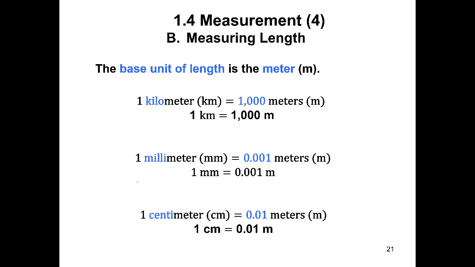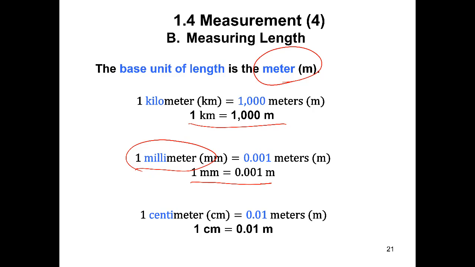So if you have a base unit of length as the meter, if you have 1,000 meters, that's the same thing as 1 kilometer, or we usually just call it a kilometer, right? If you have 1 millimeter, that's going to be 0.001 meters.